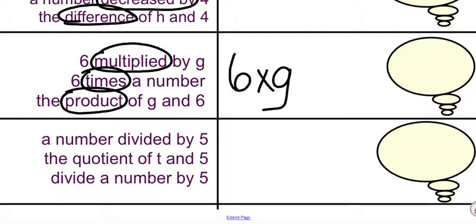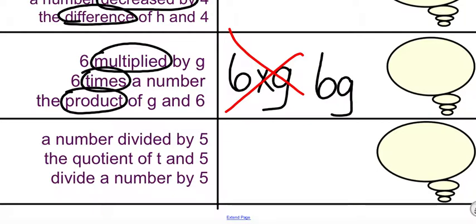That is a big no-no, because that is now 6 times x times g. I need to make sure that I either just write them side by side or I put the dot in between.